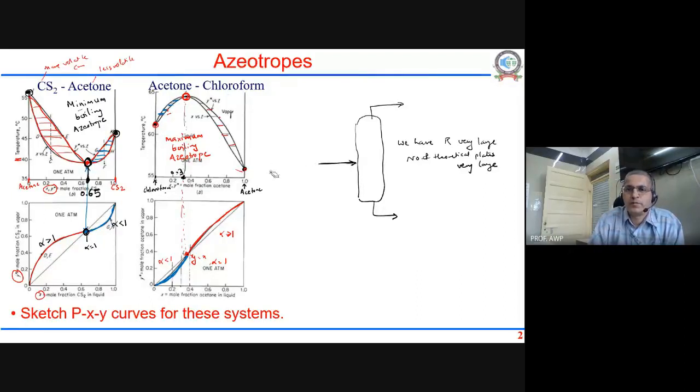This feed mixture is CS2 and acetone, mole fraction is 0.5 and 0.5. Now you tell me what will be at the top of the column and what will be at the bottom of the column. What will be my distillate and what will be my bottom composition.